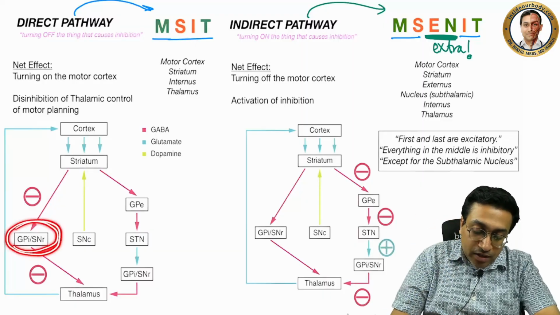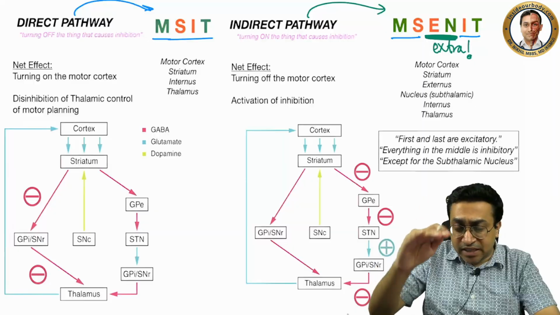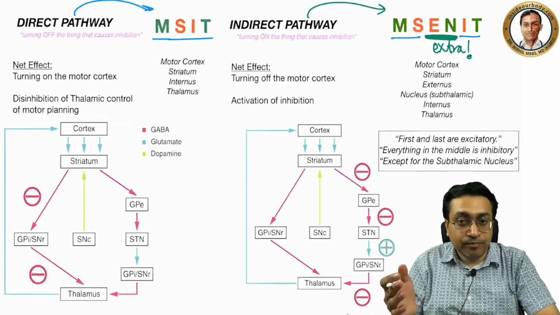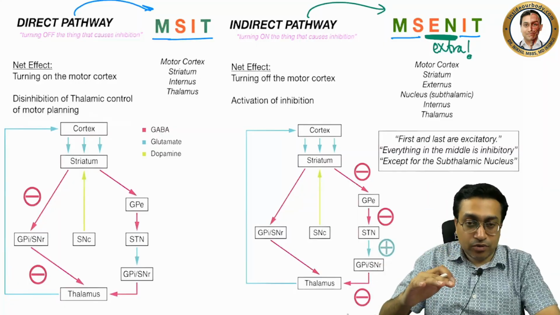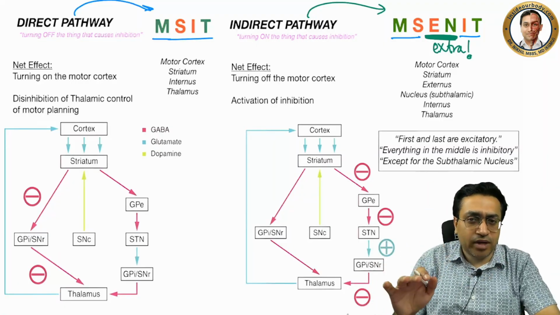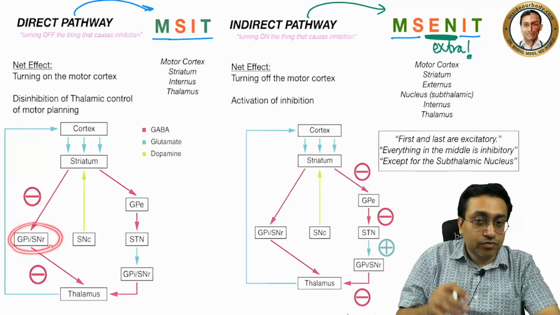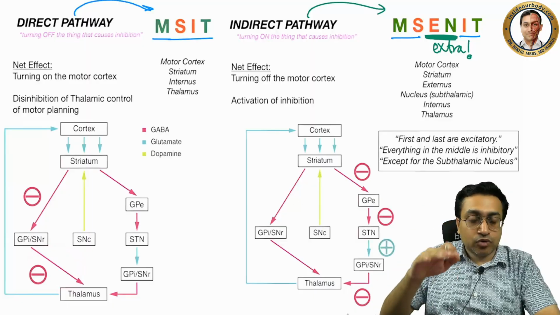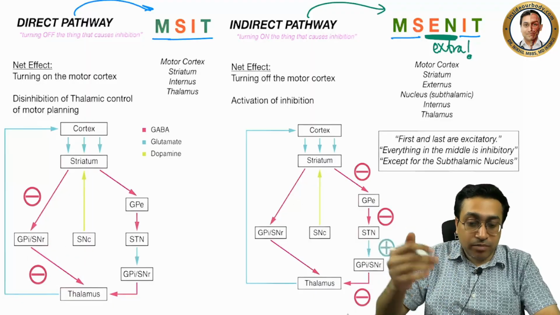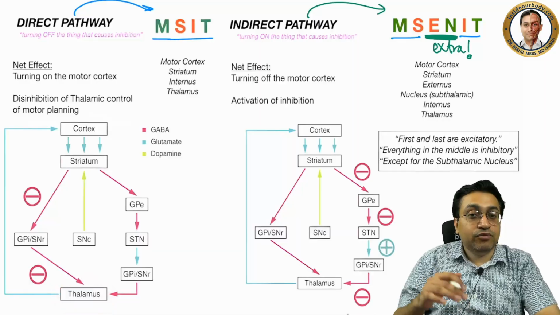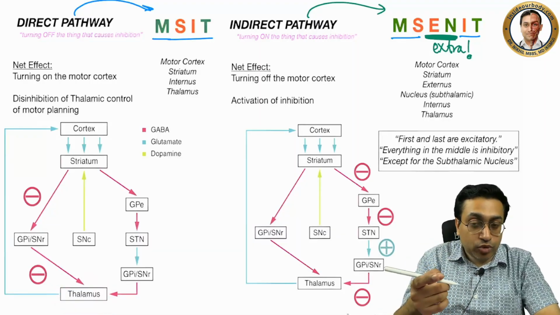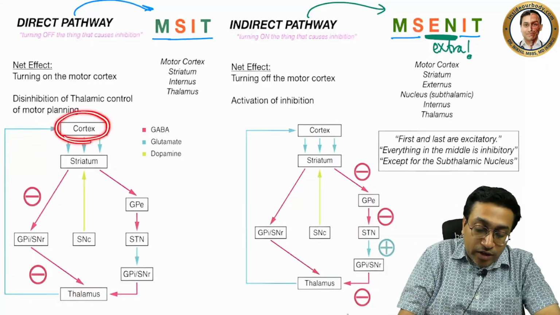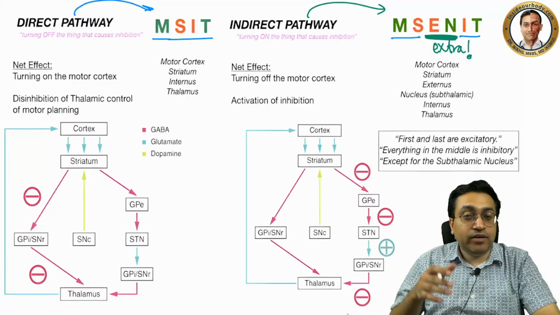GP internus, which was secreting GABA, will be inhibited, so its GABA production will decrease. I am explaining in a very crude, easy manner. Less GABA here means more action, so the thalamus is activated for the motion, again by glutamate. The cortex is turned on again, so motor activity is performed.